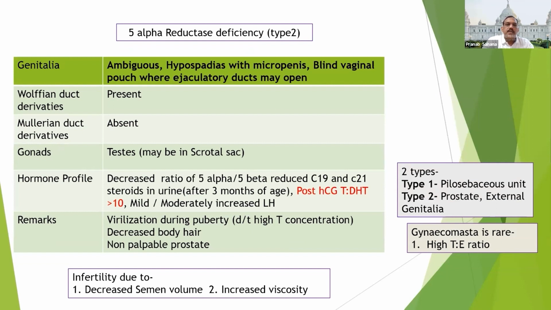There can be severe hypospadias with micropenis along with blind vagina and pouch, and sometimes the phenotype can be just like a female phenotype with pubertal virilization. Pubertal virilization due to the backdoor or alternative pathway which occurs during puberty is another important feature, and this is another important condition which can cause gender change at the time of puberty.